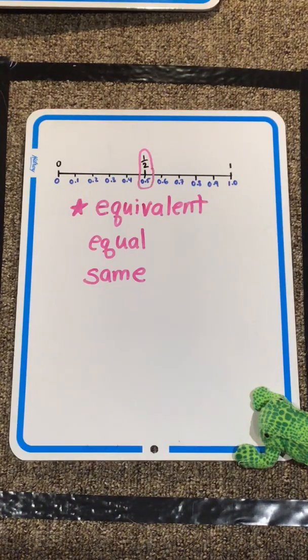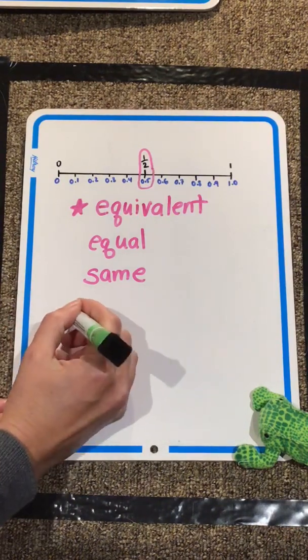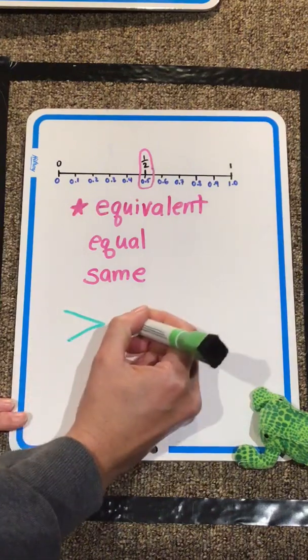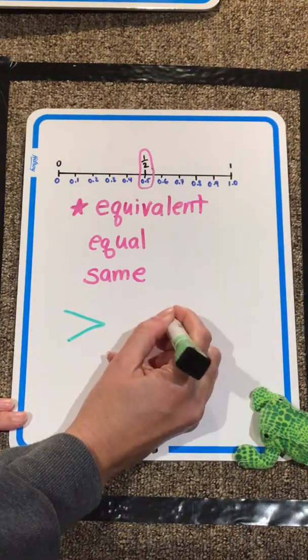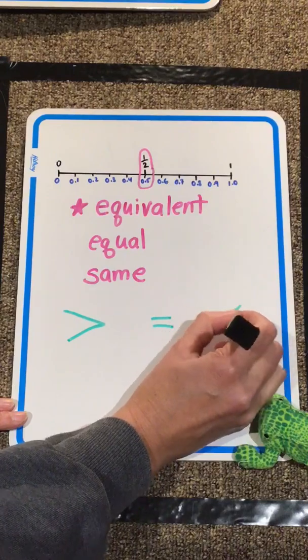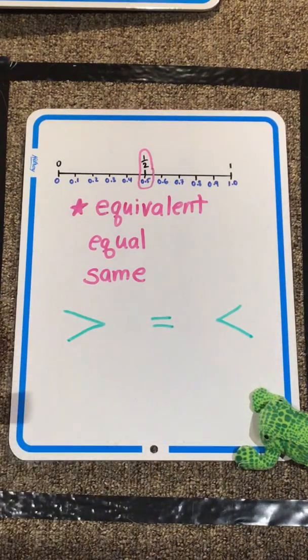Okay, we can also compare a fraction and a number to see which is bigger, and there are 3 symbols that we could use to figure that out. We've used them all before. We got that one, we got that one, and we've got that one.